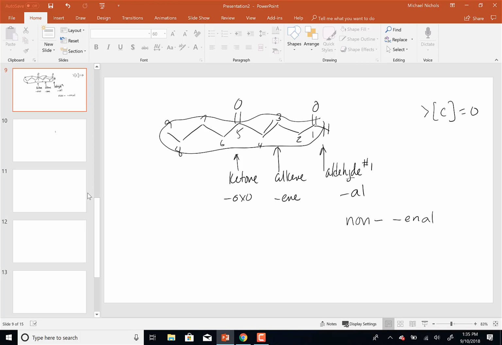I need to tell you where the position of the double bond is. Now, aldehyde is automatically assumed to be number 1, so there doesn't need to be a number 1 in front of the al. In this case, what's the first carbon in the double bond? Carbon 3. So this is a non-3-enal.